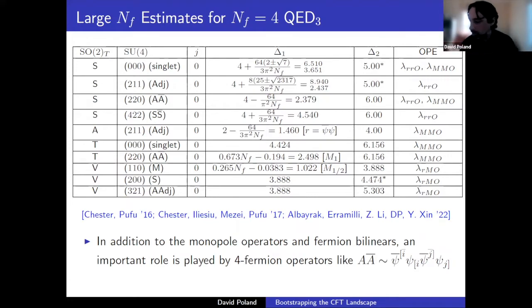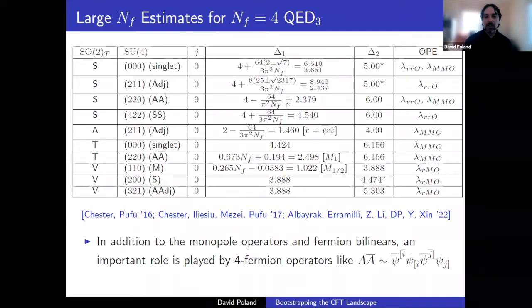Okay, so I just wanted to mention the important role played by certain 4 fermion operators. For example, you can build an operator, which I'm going to call AA bar, which looks like psi bar psi, and has 2 SU(N) indices which are anti-symmetrized, 2 fundamental indices which are anti-symmetrized, and 2 anti-fundamental indices which are anti-symmetrized. So A means anti-symmetrized. That operator plays an important role.